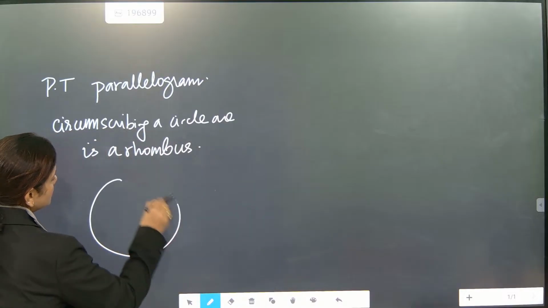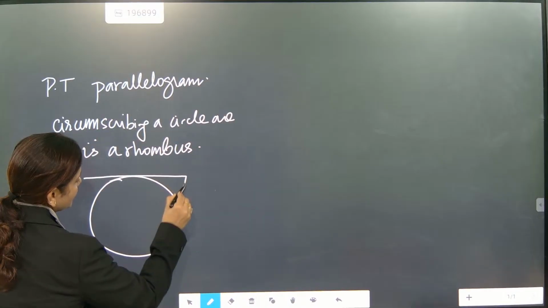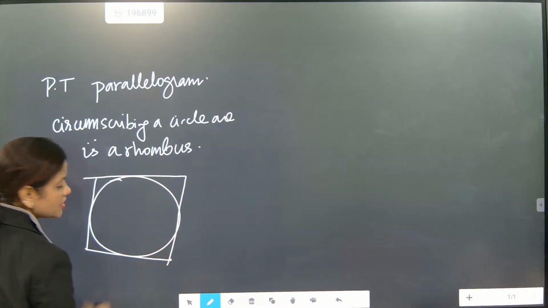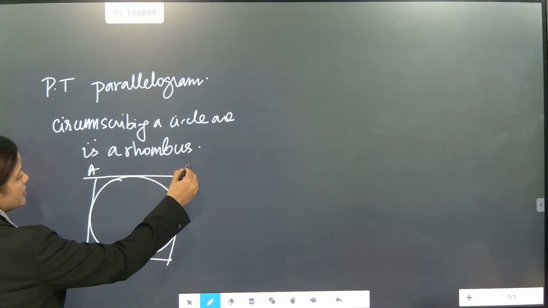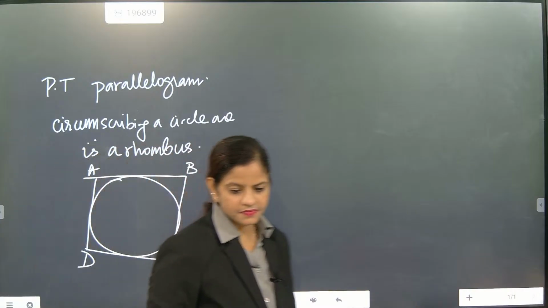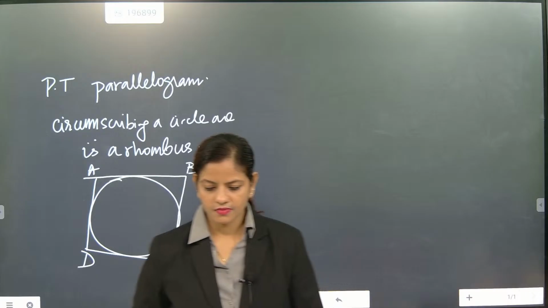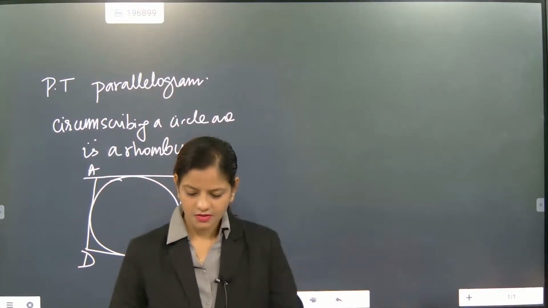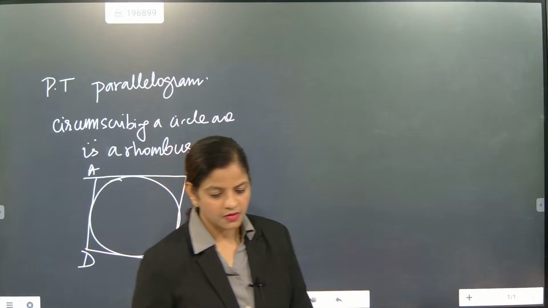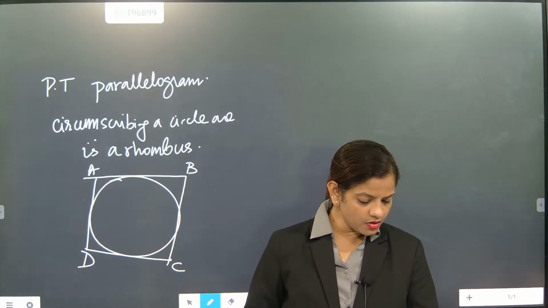This is a circle and this is the parallelogram. They're telling that it is a parallelogram. After that, we need to prove it is a rhombus. So this is touching. Everyone start submitting this. A, B, C, and D.